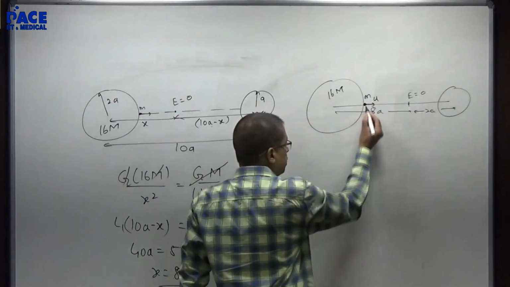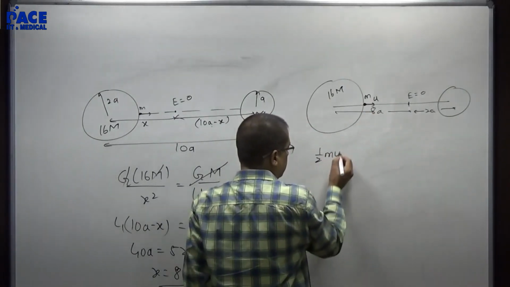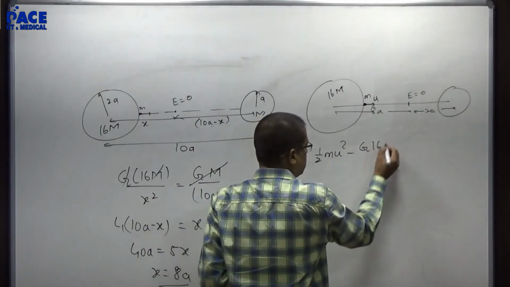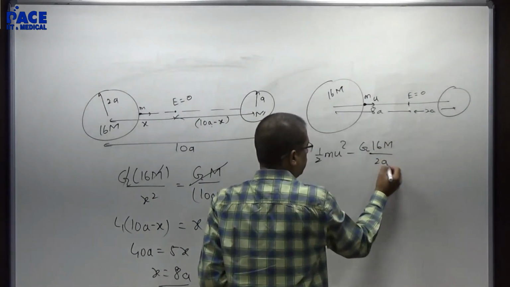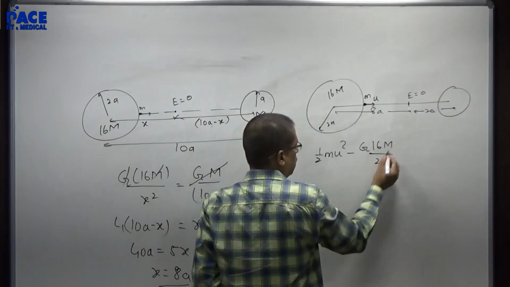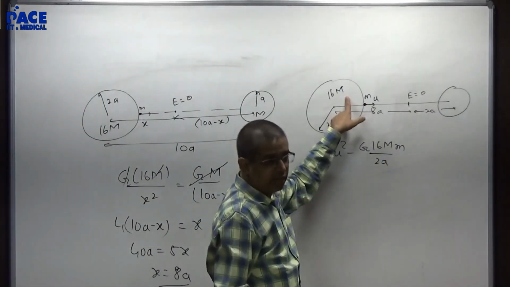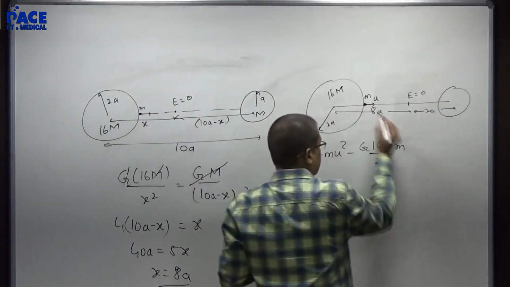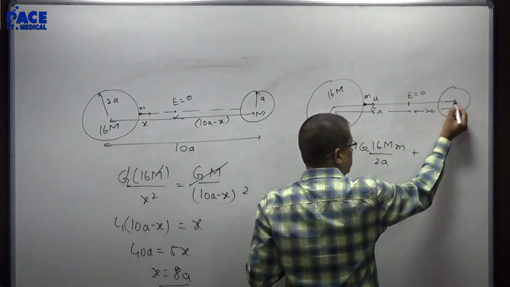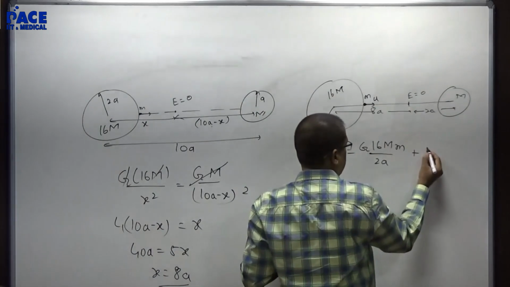Now, what will be the total energy here? Half m u square minus G 16m by 2a into small m. This is the potential energy between small m and 16m. Plus, don't forget the potential energy between capital M and small m.